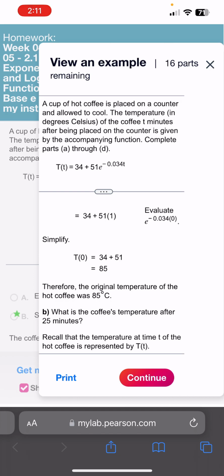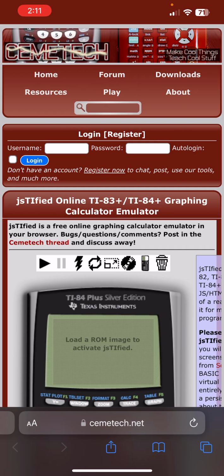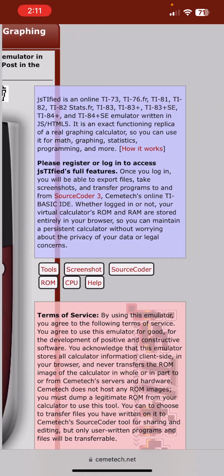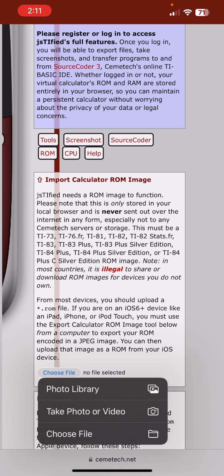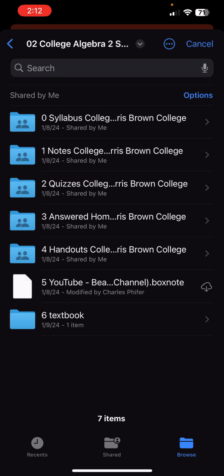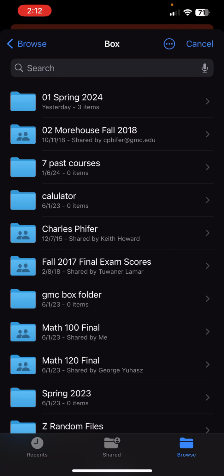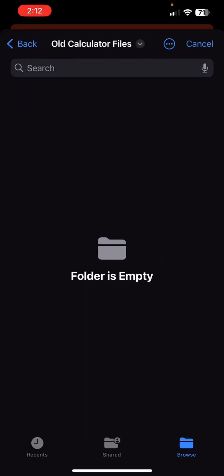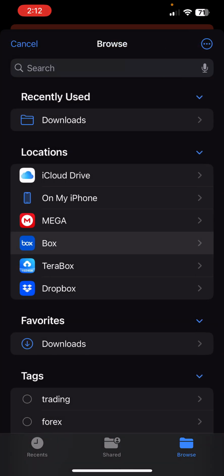I'll do a quick showcase. Let me see. Calculator. It's here. I just got to do a little bit of back and forth. Oh, and I got to load this. Where else?